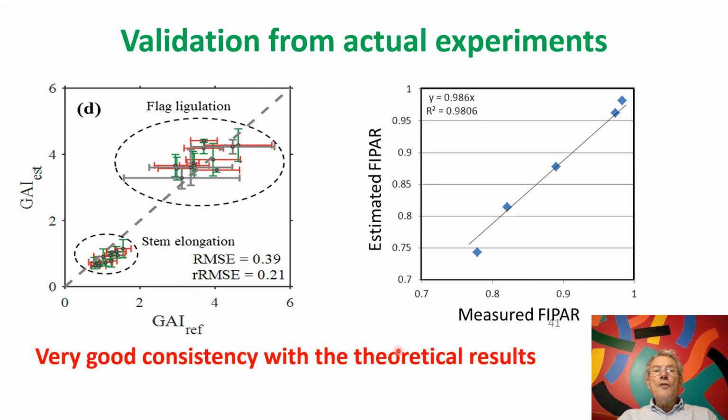This has been also validated over actual experiments. This is for the green area index, where you can see a very close relationship between the reference measured in the field by destructive measurements and the estimated from the green fraction at 0 degree and 45 degrees.